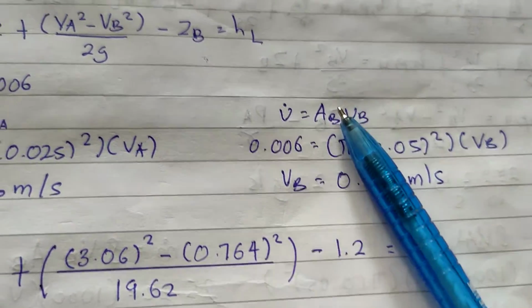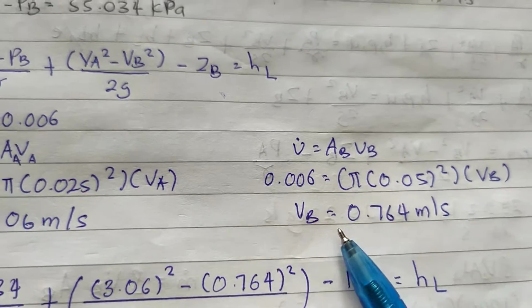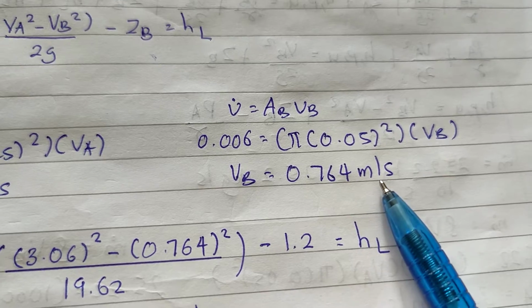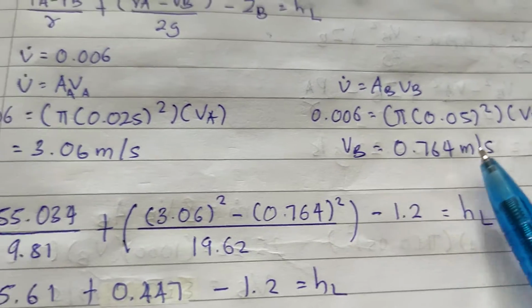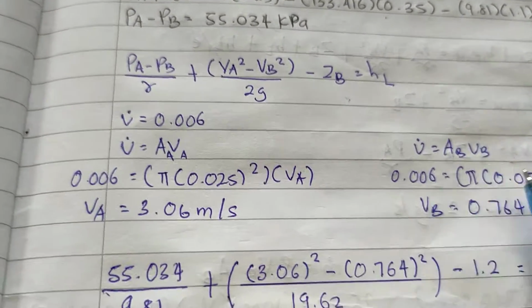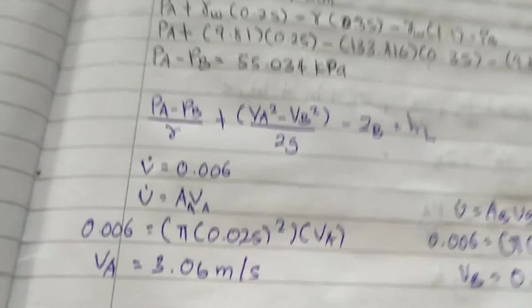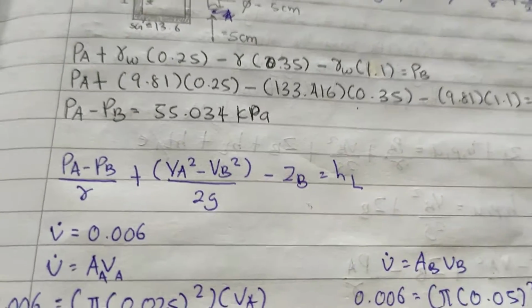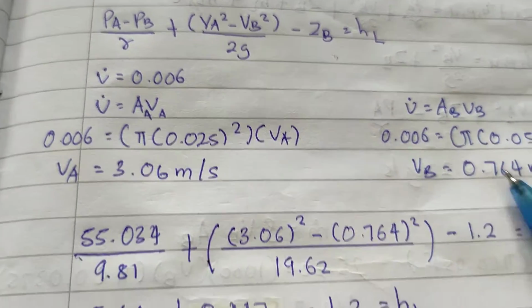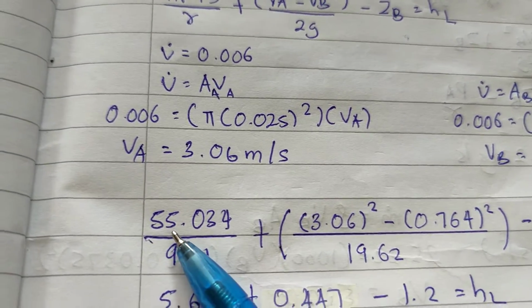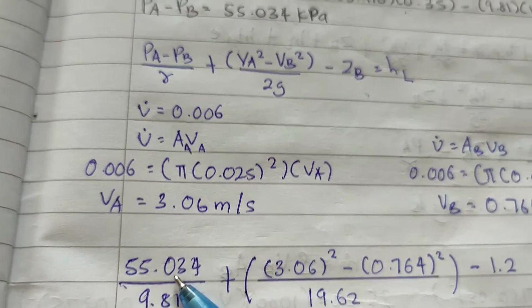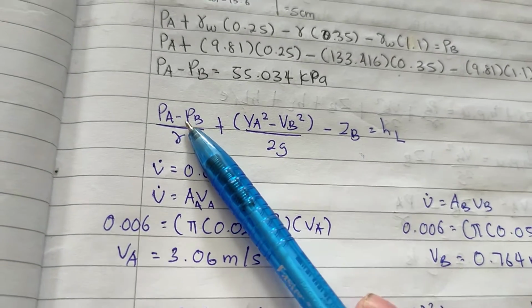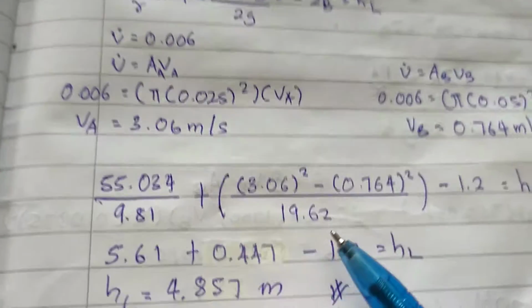Do the same thing with VB. VB will become 0.764 meter per second. Then we will get all the information that we need to do our equation, which is 55.035 for the PA minus PB.